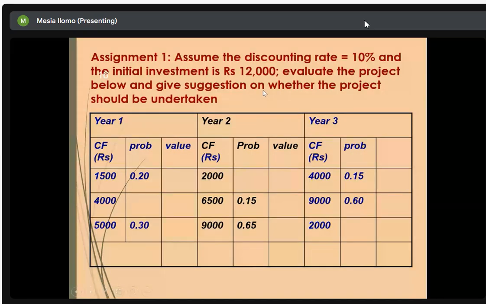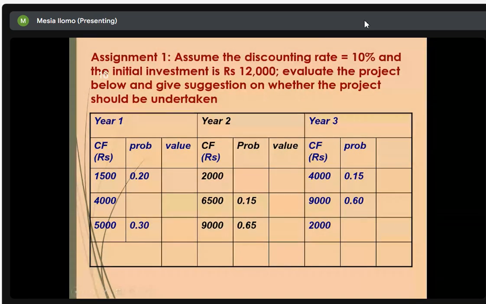Okay, and how do you conclude? Should we undertake the project? Yes. Why? We should undertake the project because it has a positive NPV.